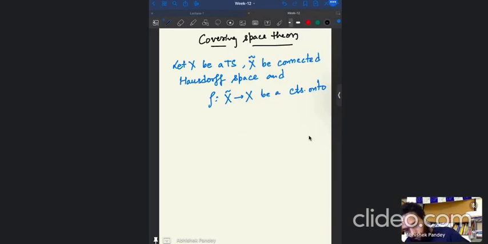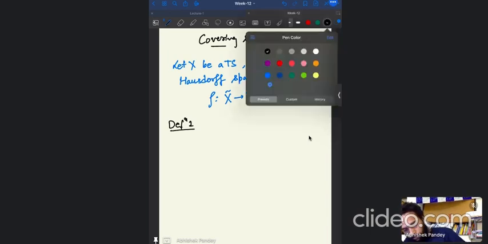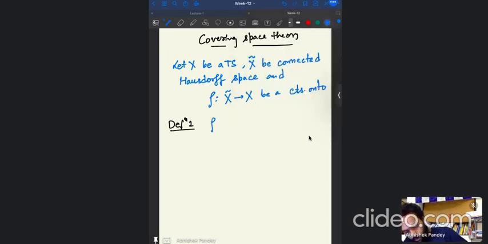So rho is called unramified or unbranched. So there are some conventional names.